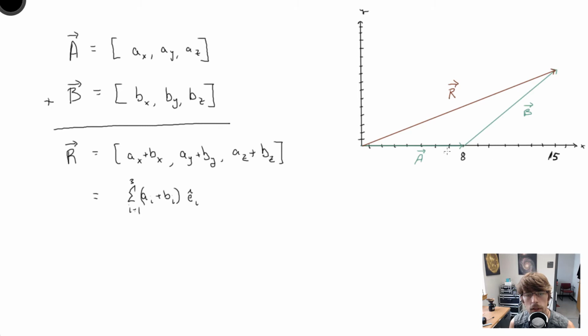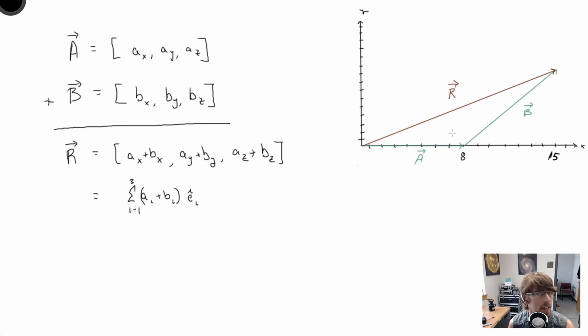So you notice that the first 8 comes from vector A, and then an additional 7 in the x direction comes from vector B. So vector r stretches a full 15 in that x direction. That's what we see here: in the x direction, it's A plus B.